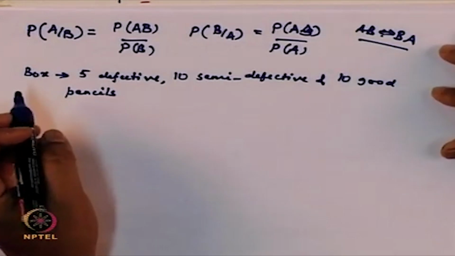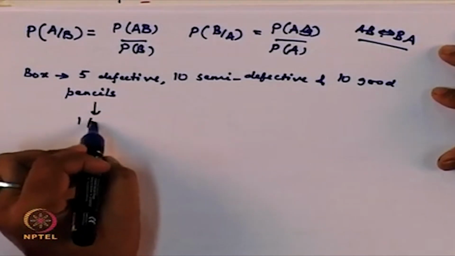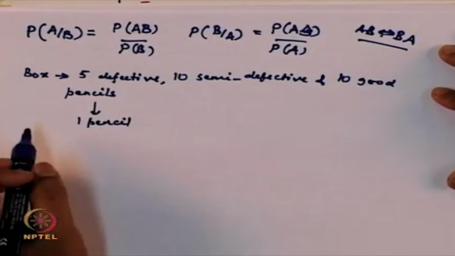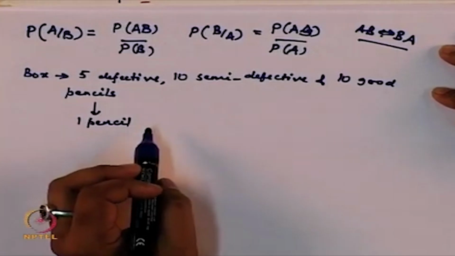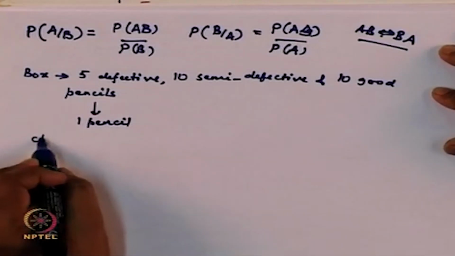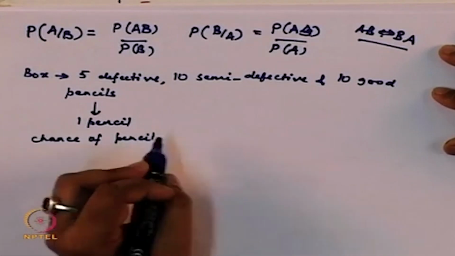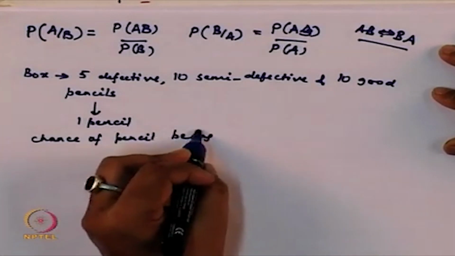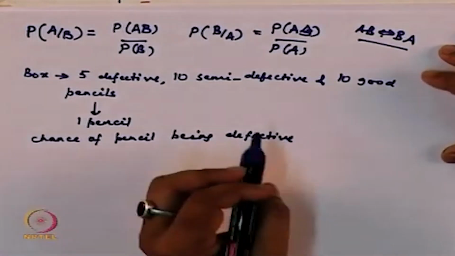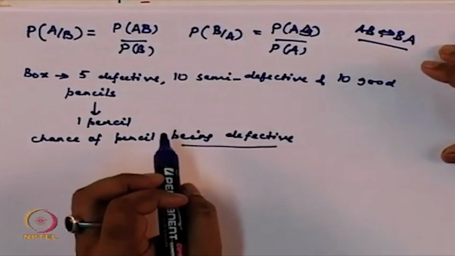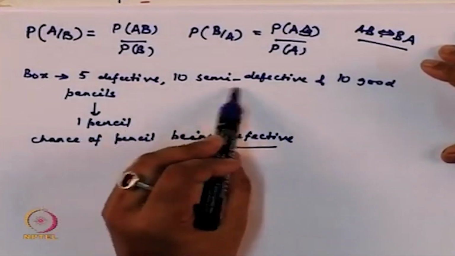Now, let us say you have taken a pencil from this box, one pencil, and you ask, what is the chance of the pencil being defective? Being defective would include both of them, because eventually the semi defective one will also fail.